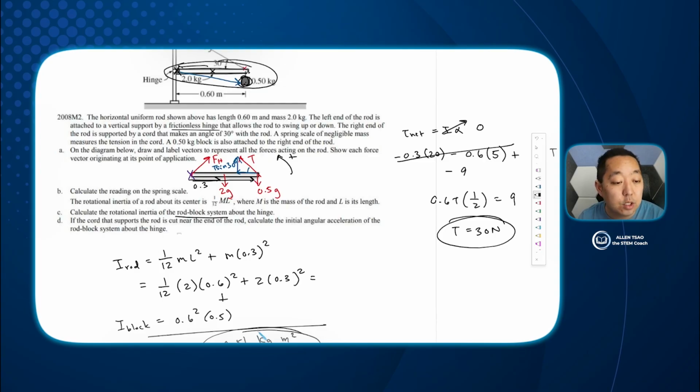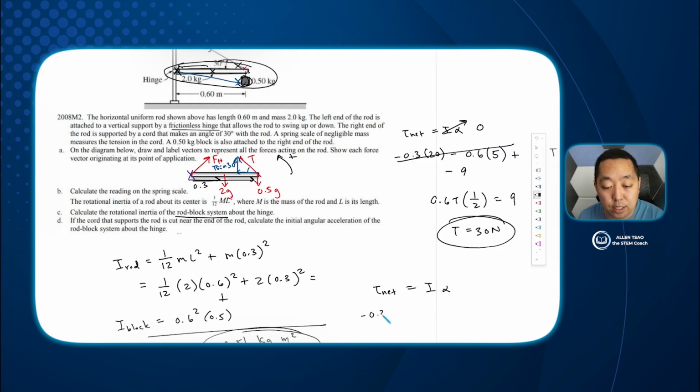Okay. So then if the cord that supports the rod is cut near the end, so we've now cut it, okay, so this tension rod now goes away. What's the initial angular acceleration of the rod block system? So now we just do net torque equals I alpha. We know the I. The net torque is just going to be this portion of it because the rope's going to be cut.